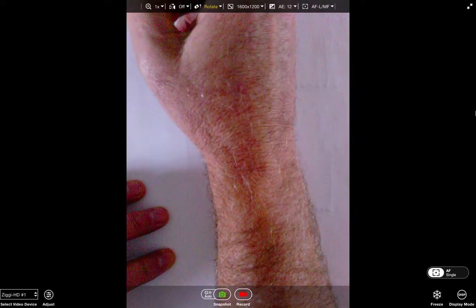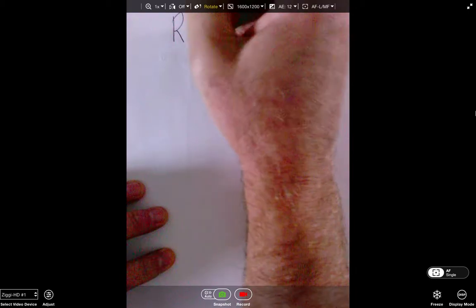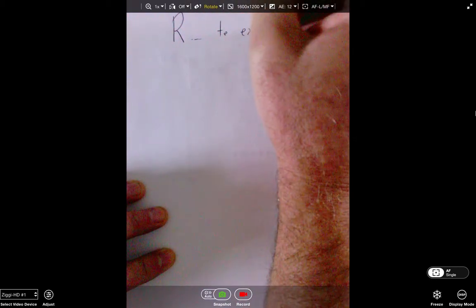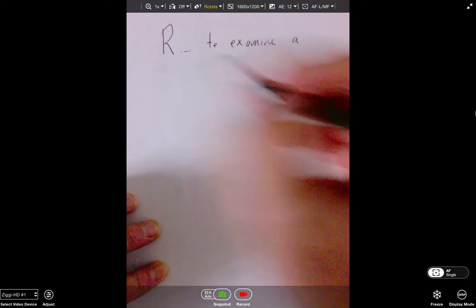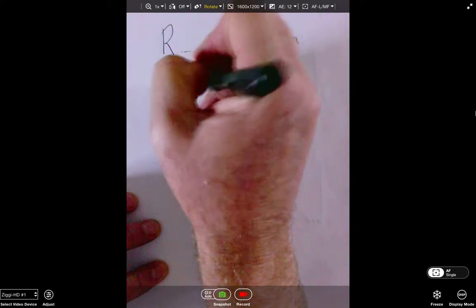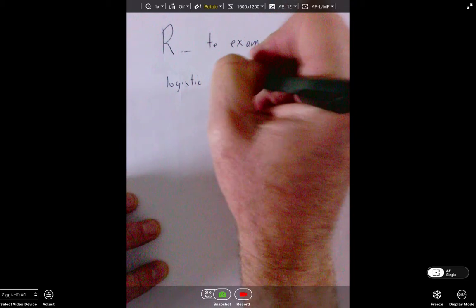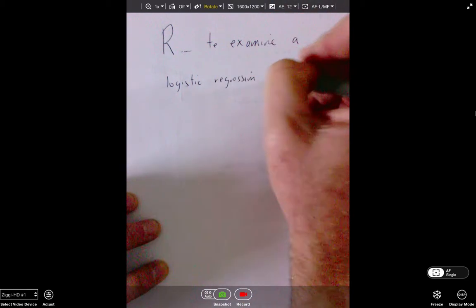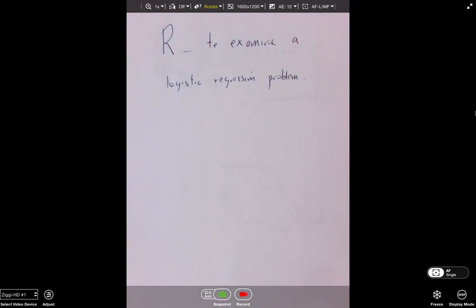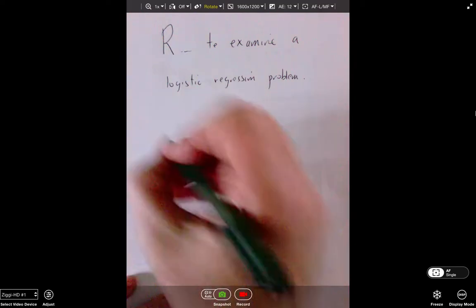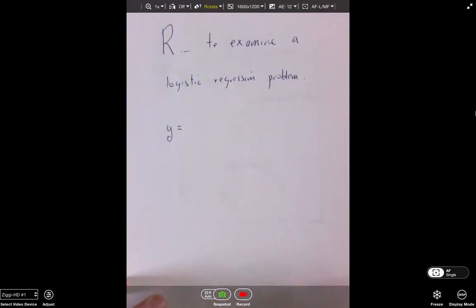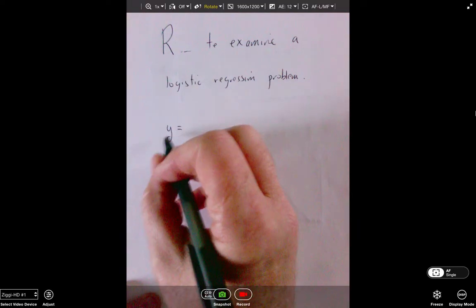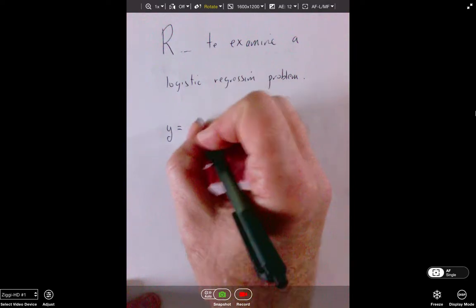Let's get into R to examine a logistic regression problem. And guys, what I've done here is I've uploaded a data set, and I think it's called Tutor, but I'm not really sure. But my y value is either succeed or not succeed.